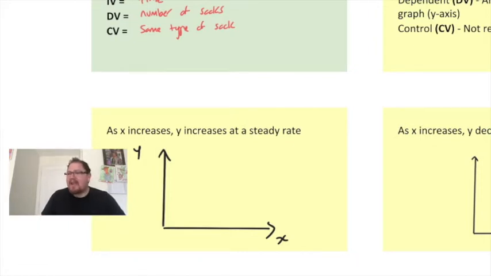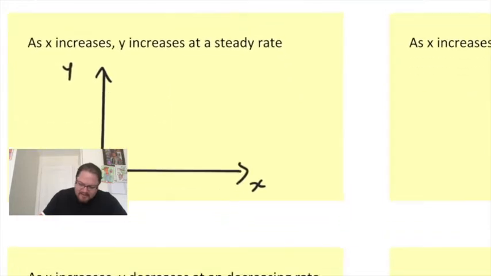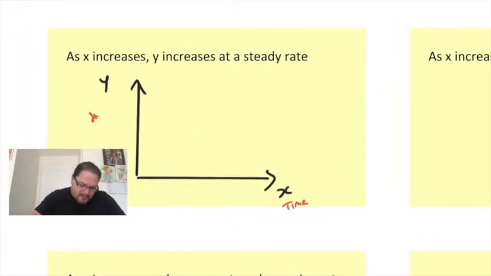I've got time against, I don't know, distance, okay? I want to see how far I can run in 60 seconds, okay? Not very far, probably, unless there's some chocolate at the end. Right, so this is going to be time, and this is going to be distance. And this is measured in meters, this is measured in seconds. I'm getting into the habit of just doing units all the time.